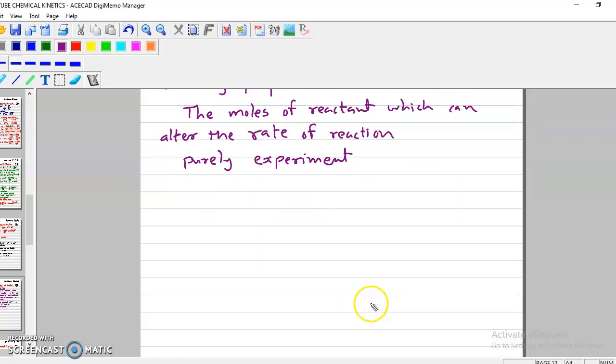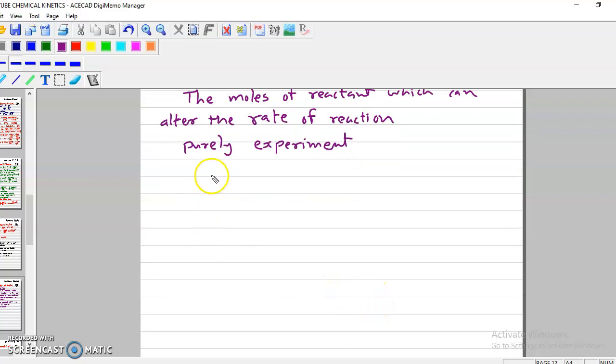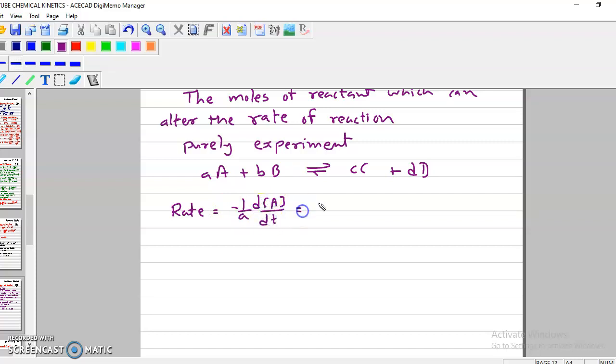So for example, when we write aA plus bB gives cC plus dD and write the differential rate law, rate is equal to minus 1 upon a dA by dt, or minus 1 upon b dB by dt, is equal to K A raised to small x and B raised to small y.